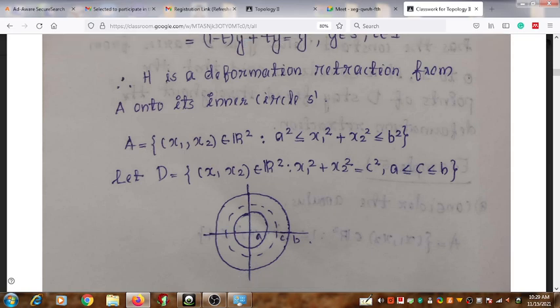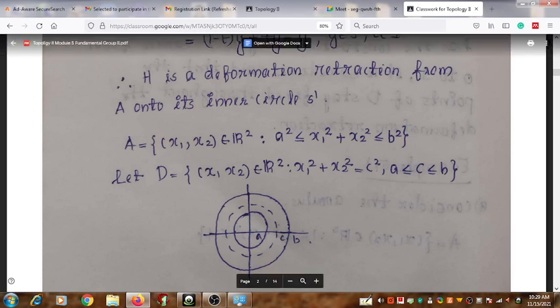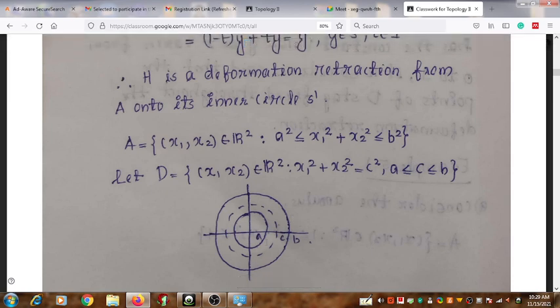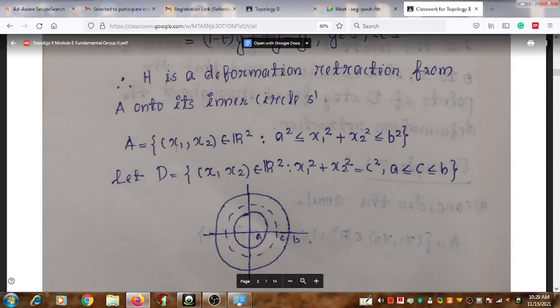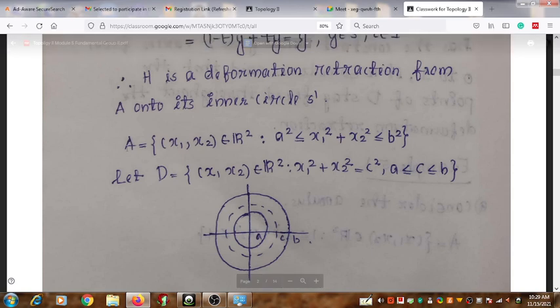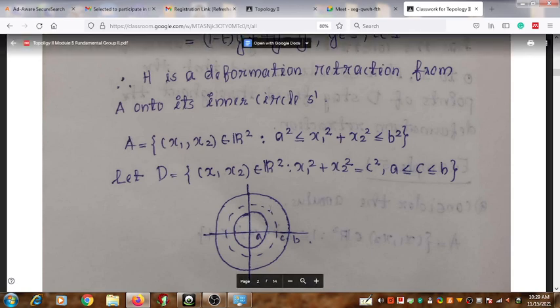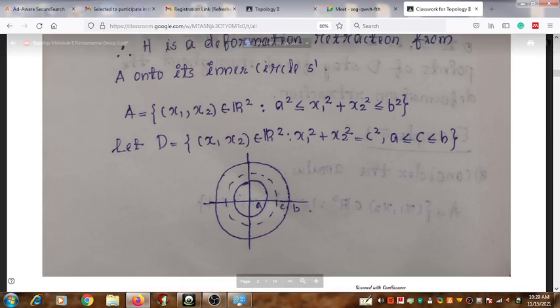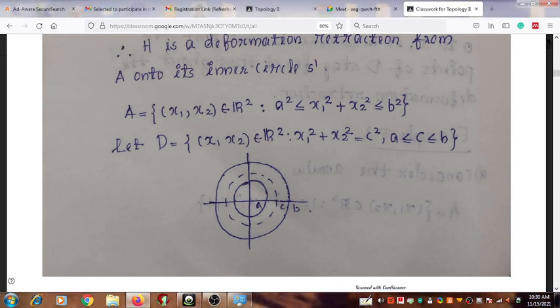You can consider the same annulus, but it has an inner circle of radius a and an outer circle of radius b. The annulus is the general annulus that has inner radius a and outer radius b. But in the previous case, the inner radius was 1 and the outer radius was 2.